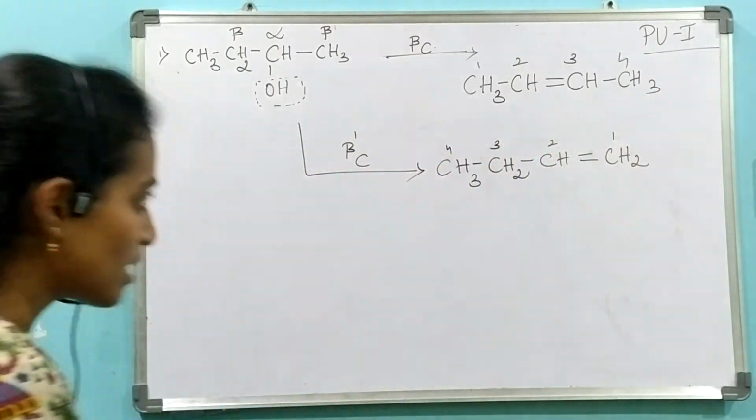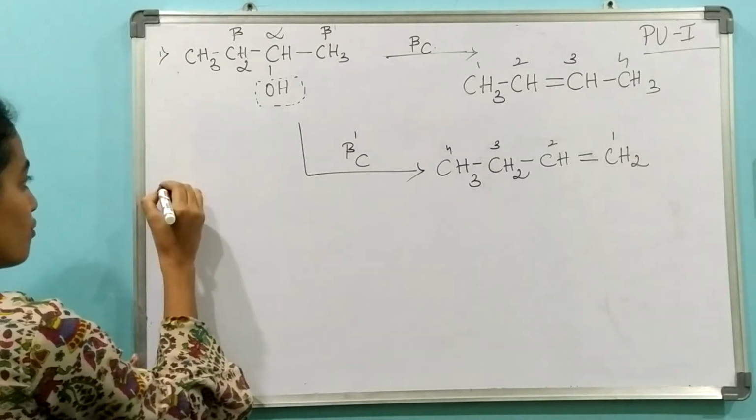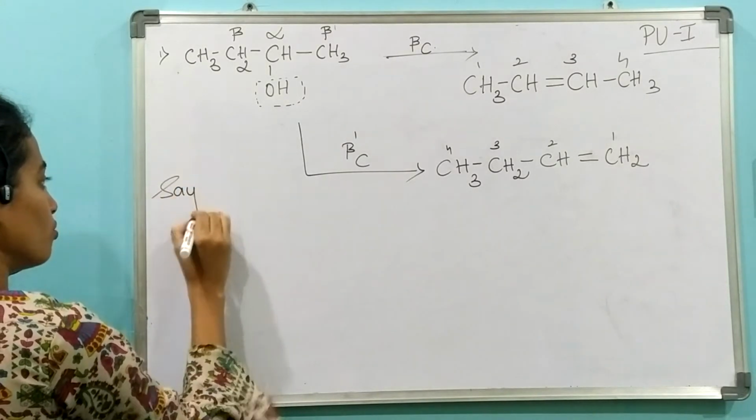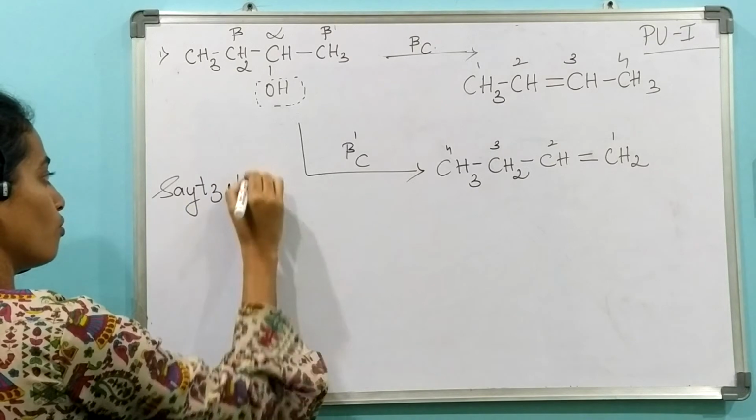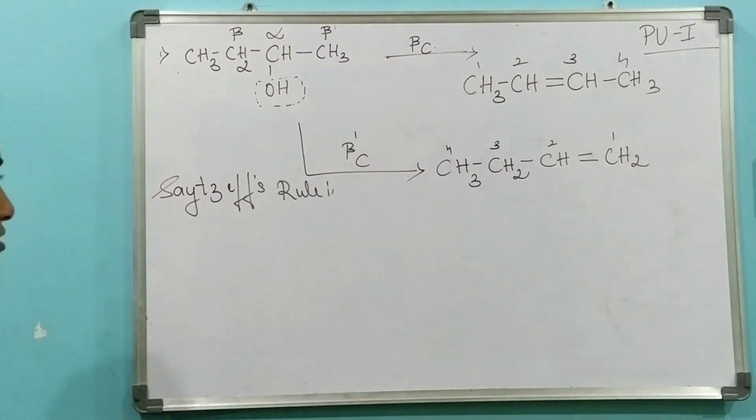So how to decide which is major and which is minor now? Here we have to follow a particular rule which you call the Saytzeff rule. So now what is the Saytzeff rule?